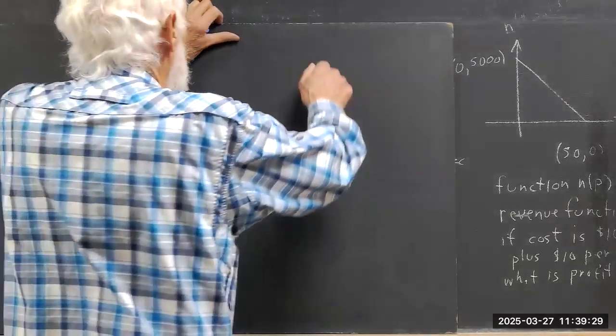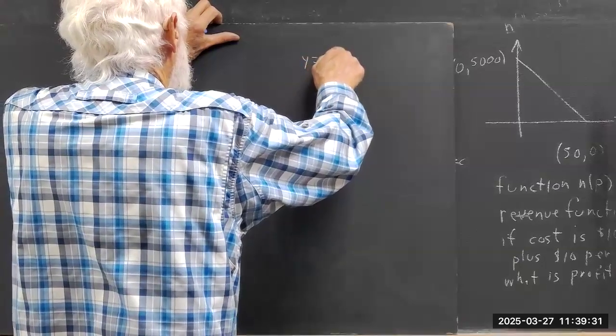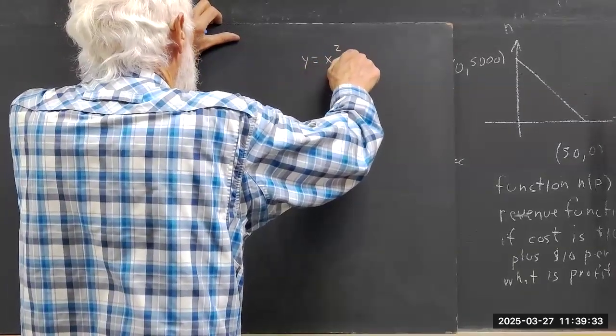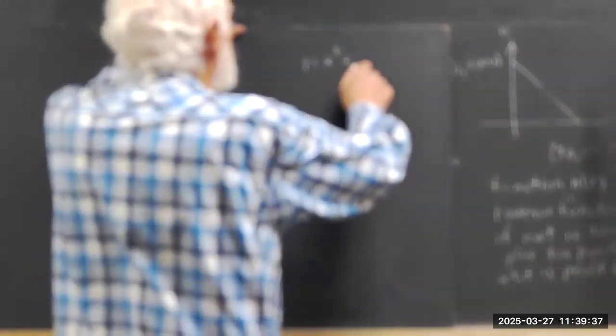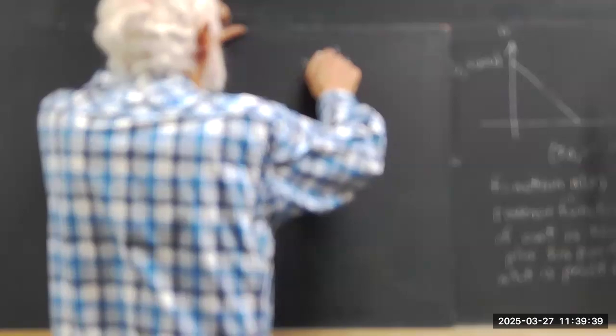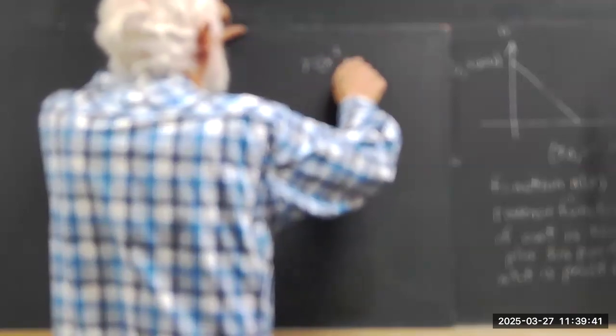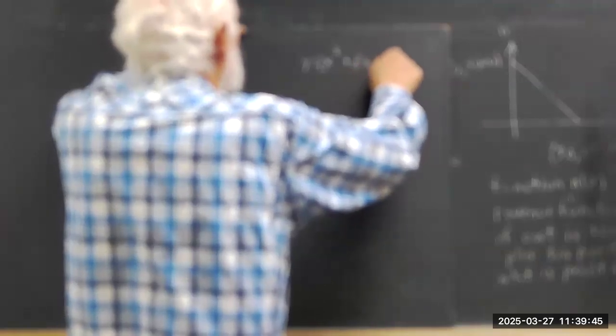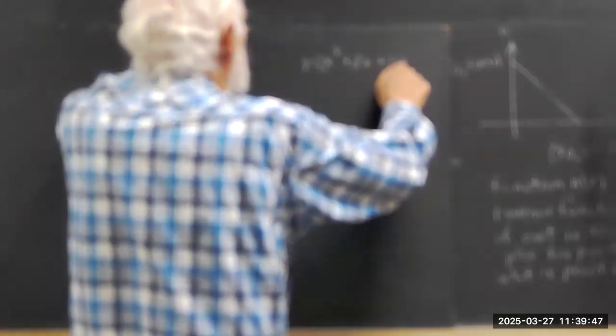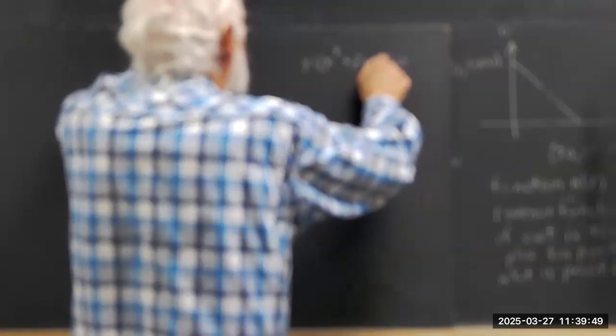Let's say you have, see what we're doing here, y equals 2x squared plus 8x minus 10.